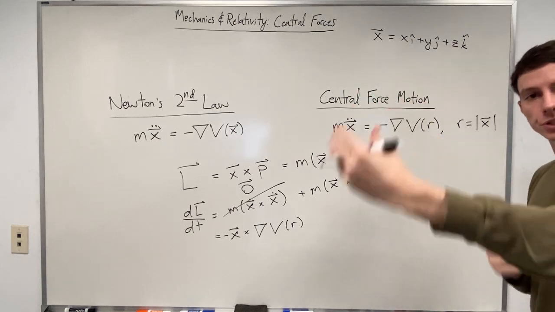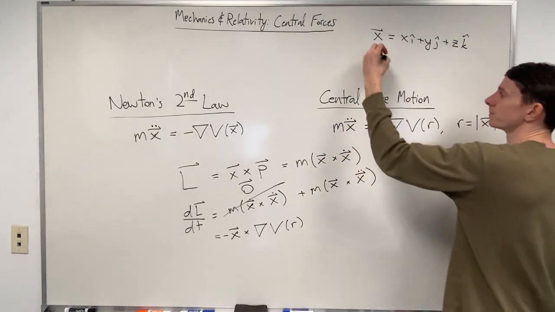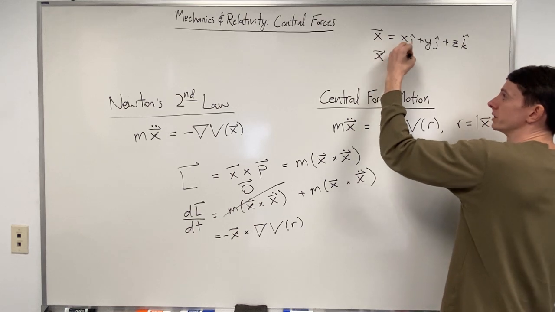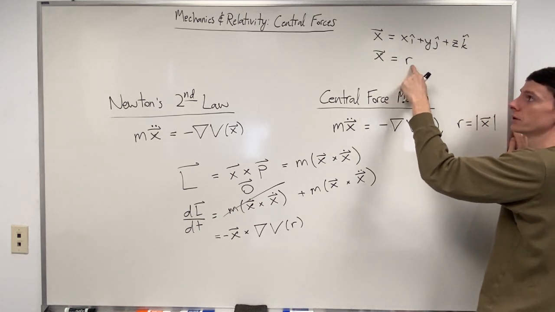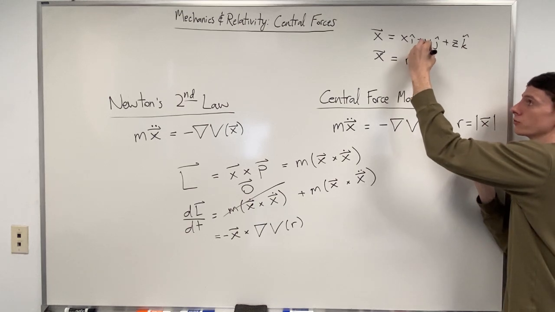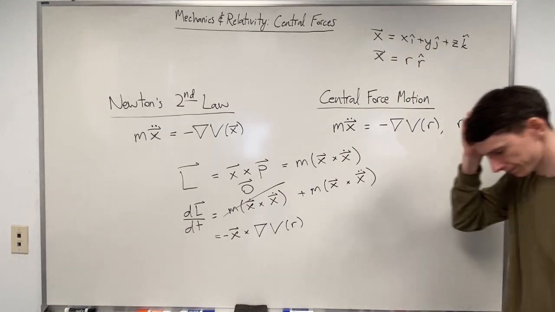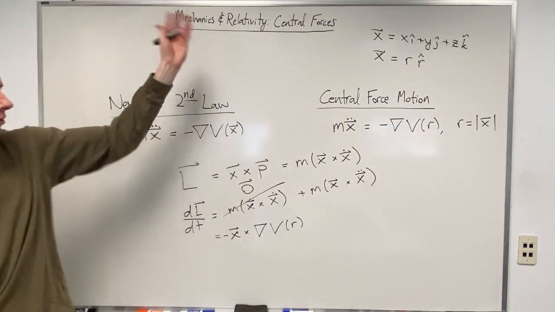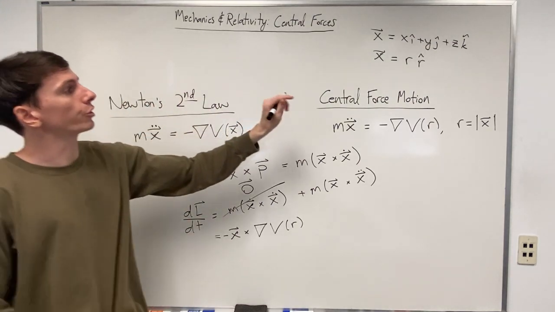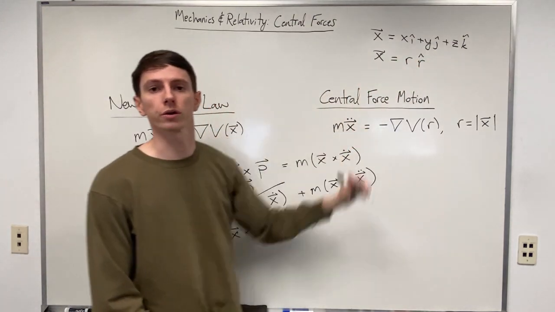That's how we'd write the position of a particle in Cartesian coordinates. But if we're working in spherical coordinates, it would be the magnitude of this vector pointing in the radial direction, okay? And hopefully we're familiar with spherical coordinates, but that's how we could write our position vector in that coordinate system.